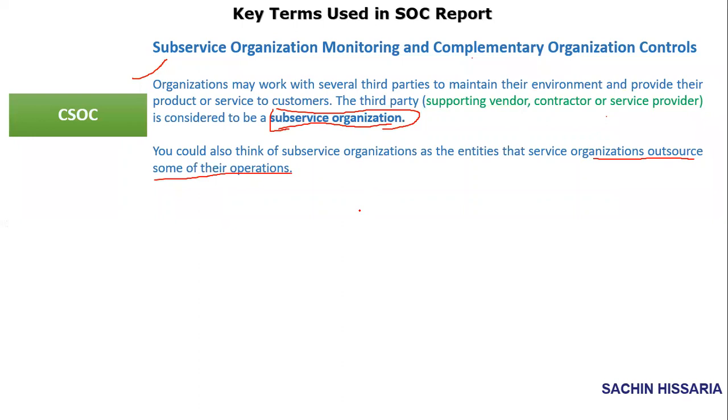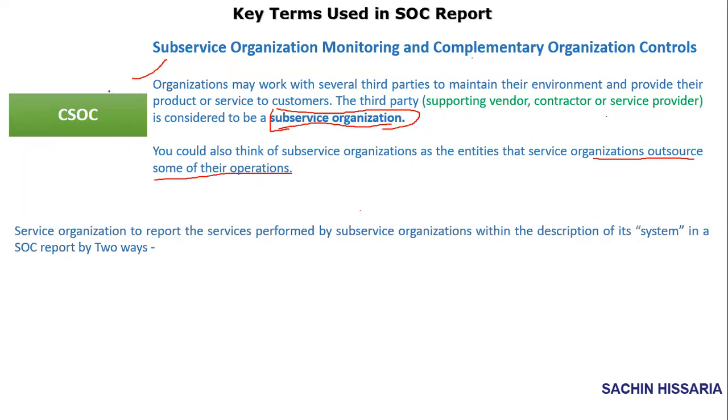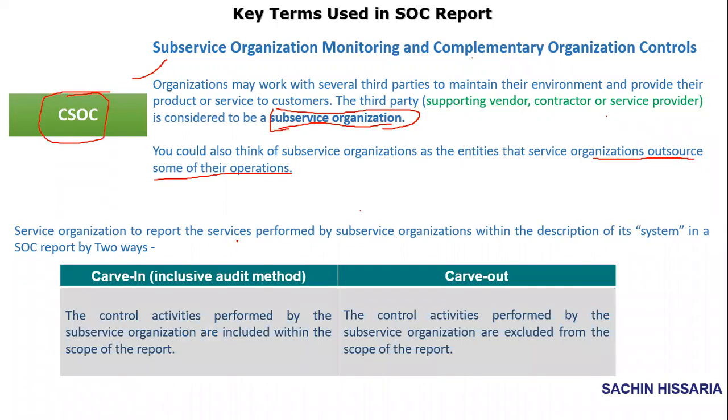So basically in the SOC report, we need to mention what the controls are which are handled by a sub-service organization. And in your SOC report, there are two ways of reporting the controls related to a sub-service organization. One is the carve-in approach and the second is the carve-out approach. In carve-in, whatever control activity is performed by a sub-service organization, you will also validate it, so that will be included in the scope of the report.